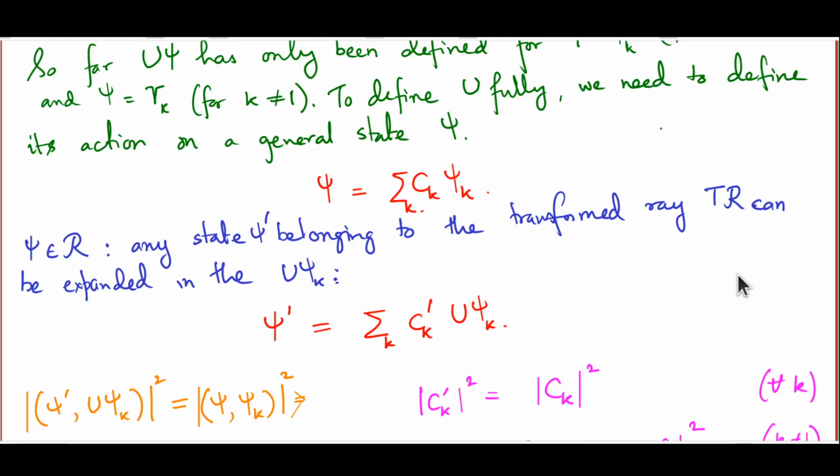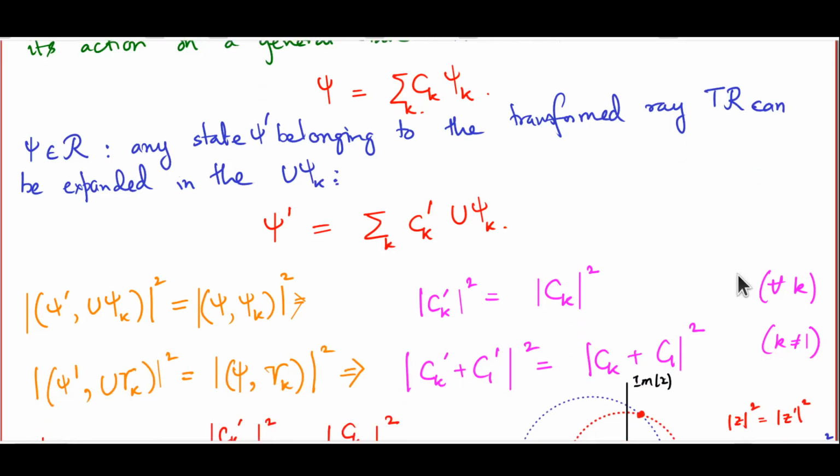If you repeat the same thing with U epsilon k, what you get is the inner product of psi prime with U epsilon k, mod square, equals the inner product of psi with epsilon k, mod square, and that gives rise to the equation ck prime plus c1 prime, mod square, equals ck plus c1, mod square. The first of these two equations, ck prime mod square equal to ck mod square, is true for all k, and the second one is true for k not equal to 1. Remember, epsilon k is defined only for k not equal to 1.